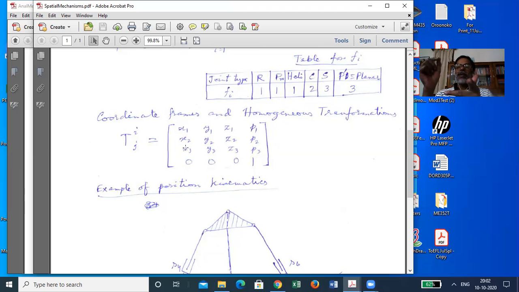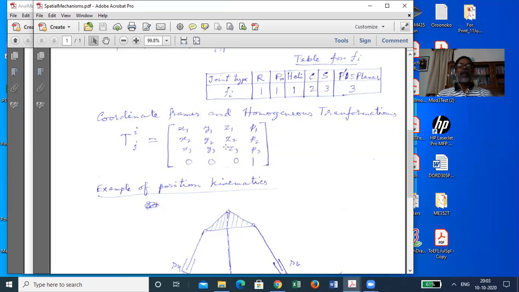So that frame's unit x vector you take, and take its projections along these three xyz directions, and those projections you write here. Similarly, the projections of the y unit vector and z unit vector. So this is the rotation matrix. It is an orthogonal matrix. Three unit vectors mutually perpendicular with a right hand rule satisfied.